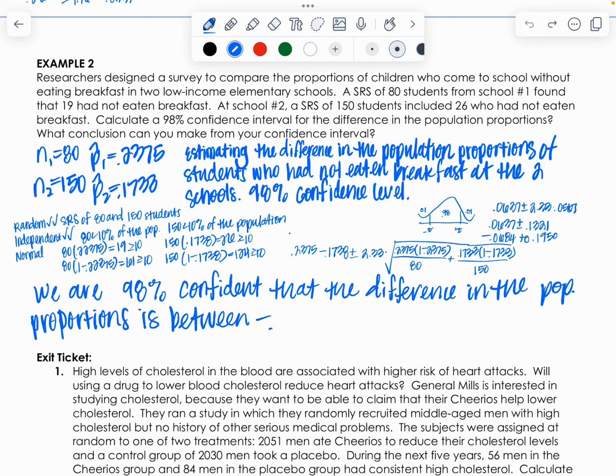Oops, that's a 0. Well, and so it'd be negative 6.84% and positive 19.5%. Okay, so let's talk about this.